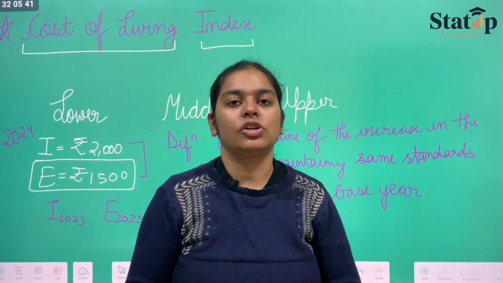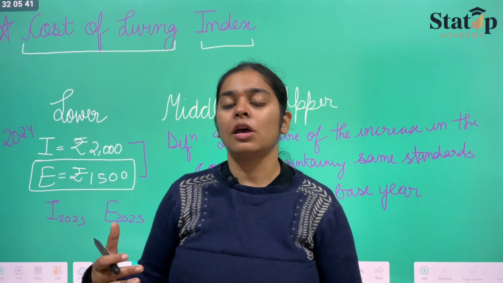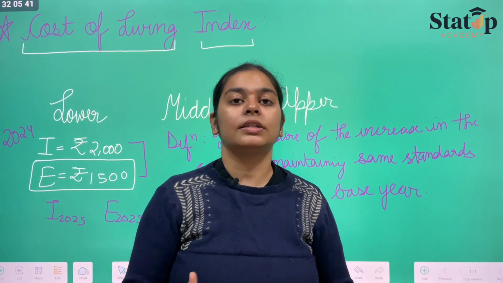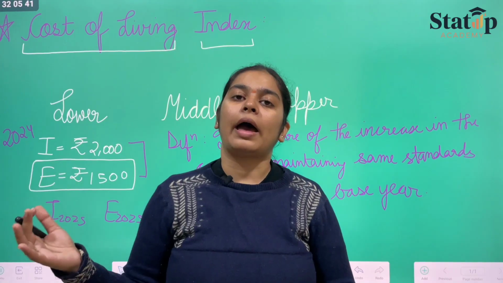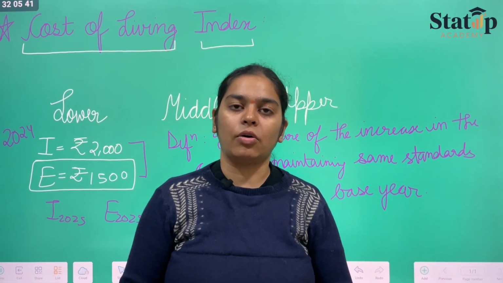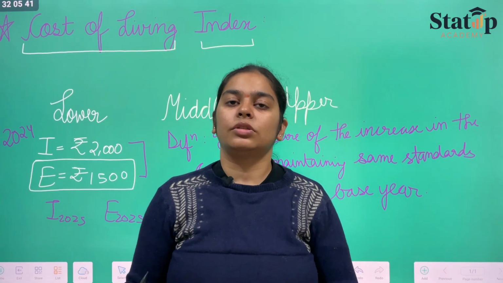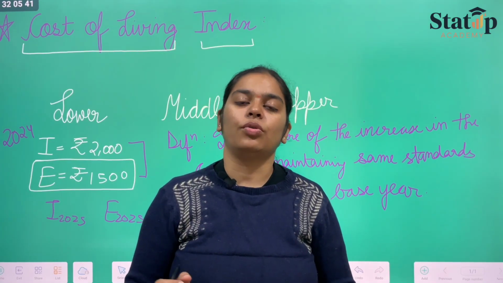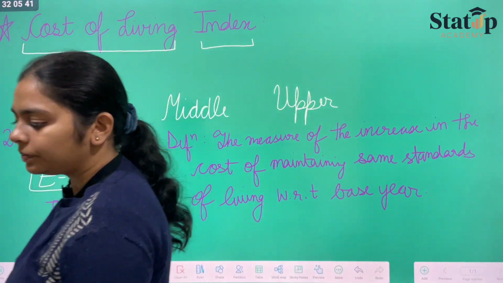In the next year it will change to 55. So if I am the lower middle class or lower class, I have to maintain the same standard of living. If I was eating food three times a day at that time, then I have to eat food three times a day now also, so as to maintain my standards of living. So this ratio is known as the cost of living index number.